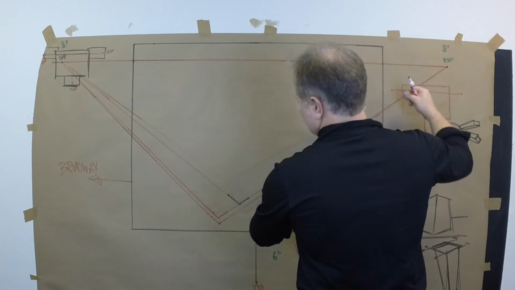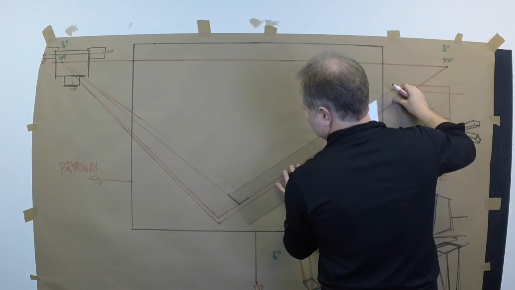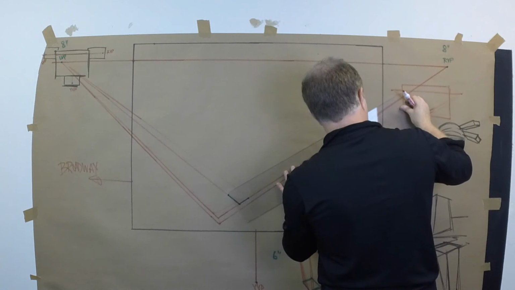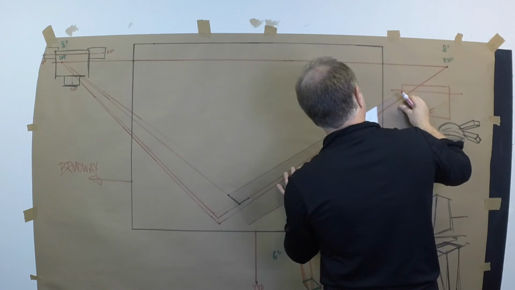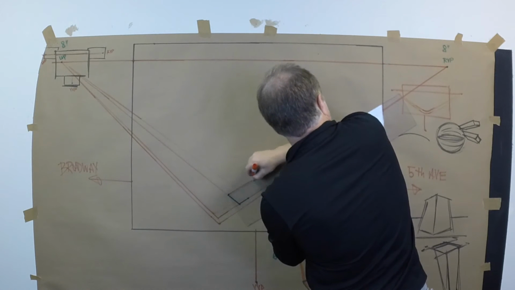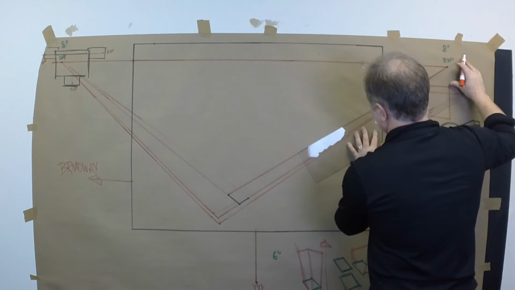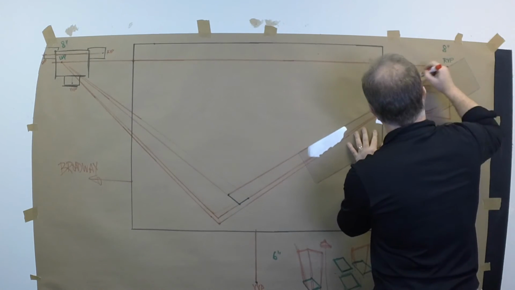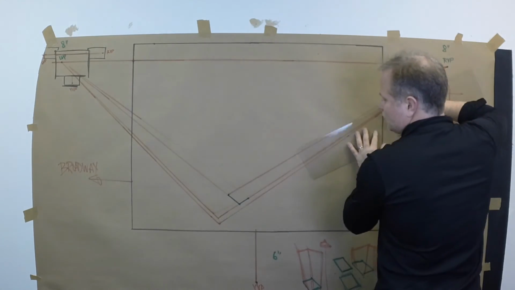So all the way back to the RVP from here. Line up my ruler. There we go. Right in through there. That's it. So we'll come across to our right vanishing point. There we go. We've got it.